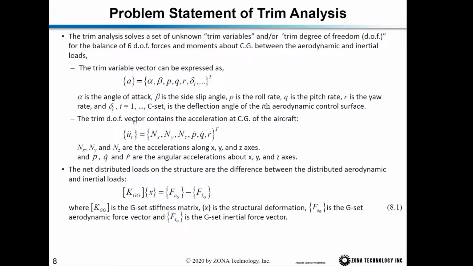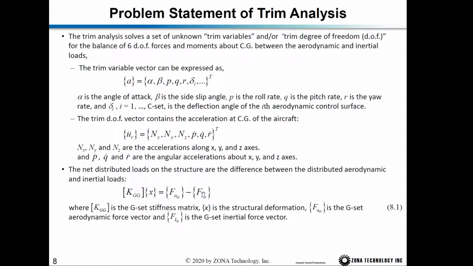The trim degree of freedom vector contains the acceleration at CG. So nx, ny, nz are the accelerations along the xyz axes. P dot, Q dot, R dot are the angular accelerations about the xyz axes. So the net distributed forces on the structure is the difference between the distributed aerodynamic forces and the inertial forces.